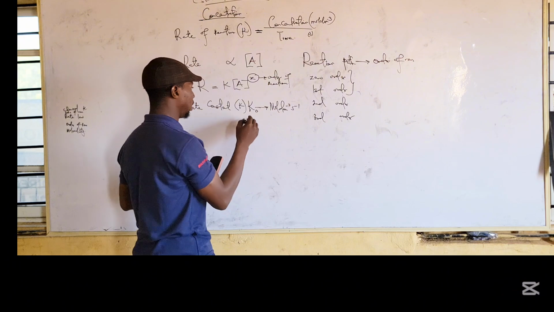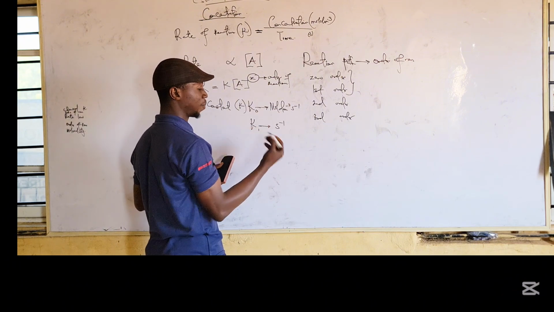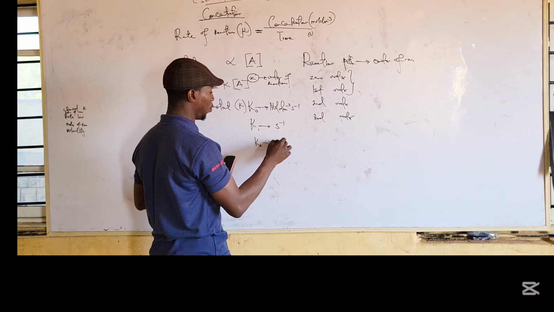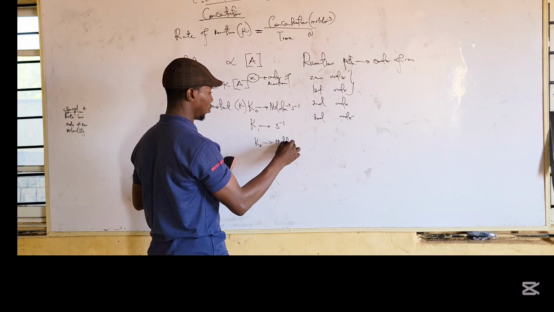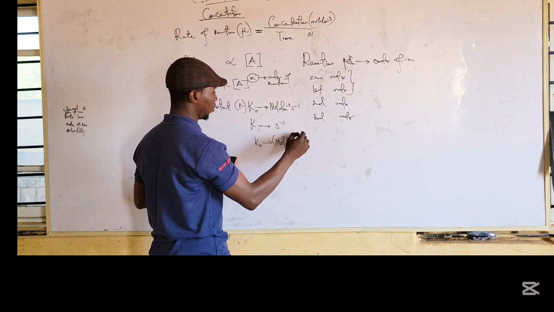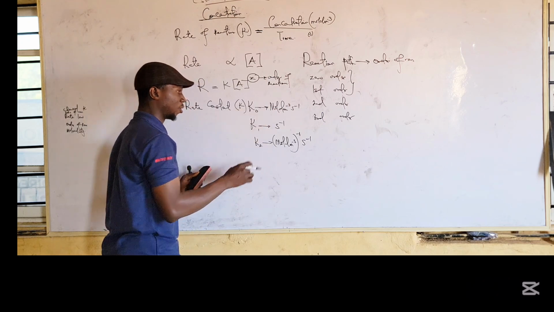That's number one. If your K is in first order, the unit will be per second, just per second. If it is in second order, the unit will be per mole per dm³ per second. So this is zero order, first order, and second order.